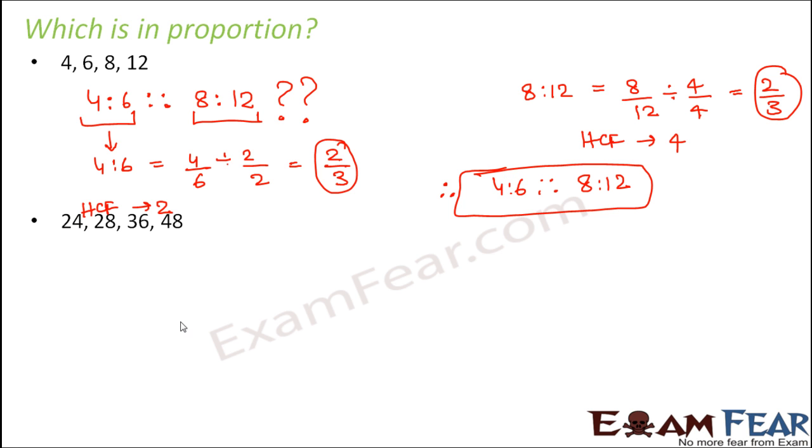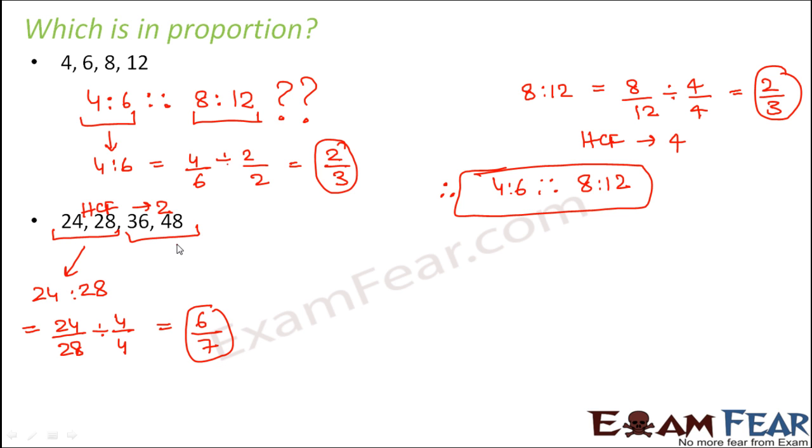Let's look at the next example, 24, 28, 36 and 48. Here also first we have to find out this ratio, that is 24:28. This will be equal to 24 by 28. Here the highest common factor of 24 and 28 would be 4. So divide the numerator and denominator by 4. So this becomes 6 by 7. Now let's focus on the other ratio, that is 36:48.